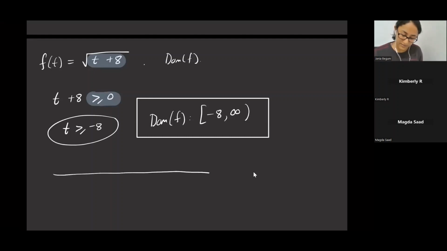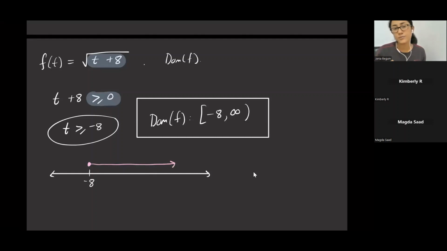If you draw this on the real line, here's -8, and we're looking at from -8 to infinity. There's no union, there are no two pieces to connect. It's only one piece, so you could just write it like that. Do you want something that contains more than one piece? Yeah, I want to see the difference between them.